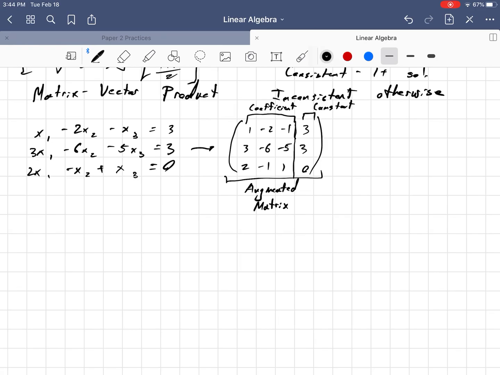The other thing you were taught, and this is mainly used in the method of elimination, is that we can combine equations. Say in these first two equations, we wanted to eliminate x sub 1 here and here. How could we do that?